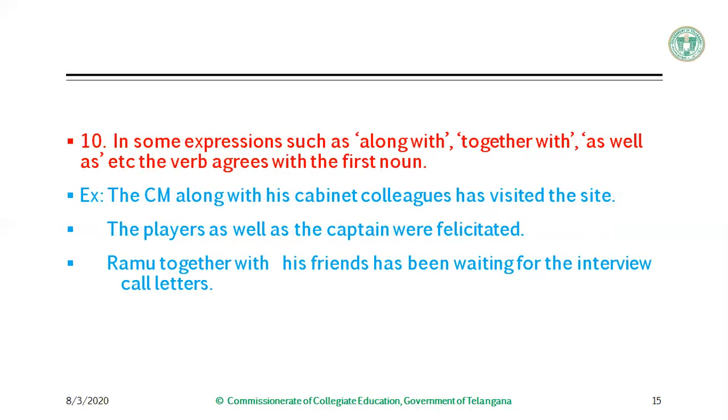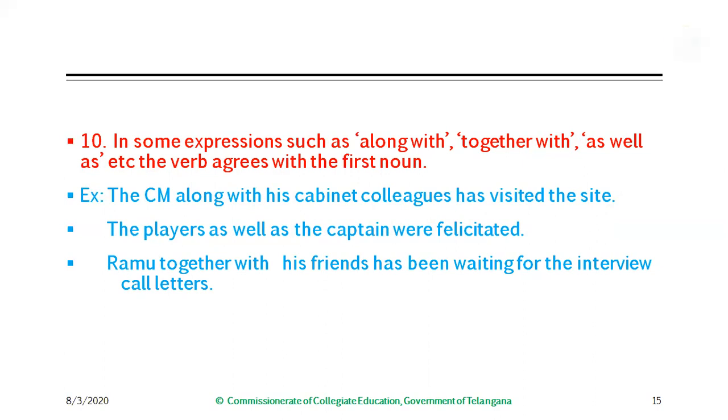In some expressions such as along with, together with, as well as, etc., the verb agrees with the first noun. In some cases, where we use along with, together with, as well as, etc., the verb always agrees with the first noun.